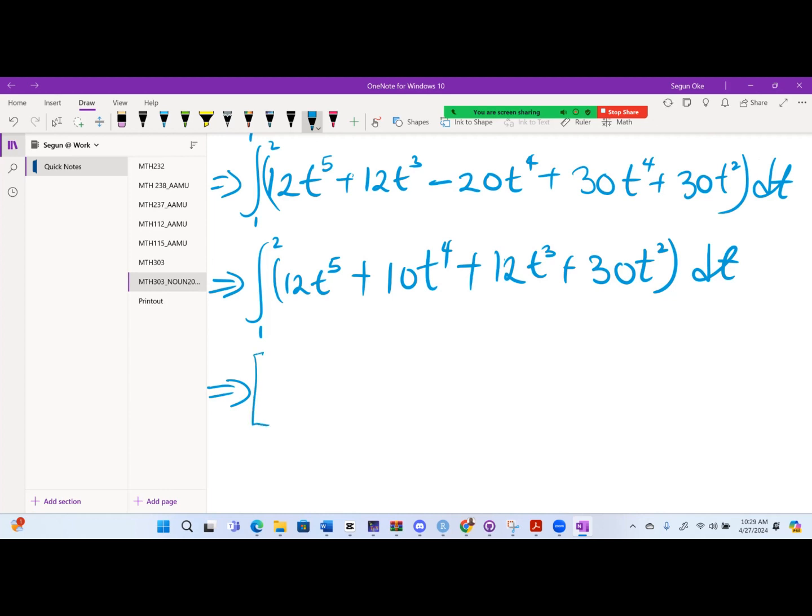So now let's do the upper limit first. Substitute your upper limit minus lower limit.